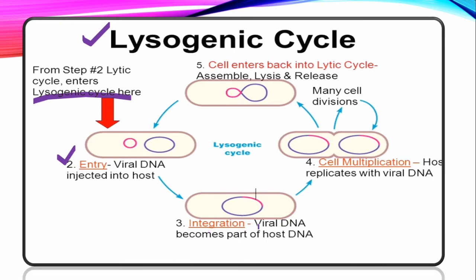Secondly, integration: viral DNA becomes part of host DNA. And fourth, step, cell multiplication: the host replicates with the viral DNA, and many cell divisions occur. At the last, the cell enters back into the lytic cycle, and assembly, release and lysis of the host cell follow.